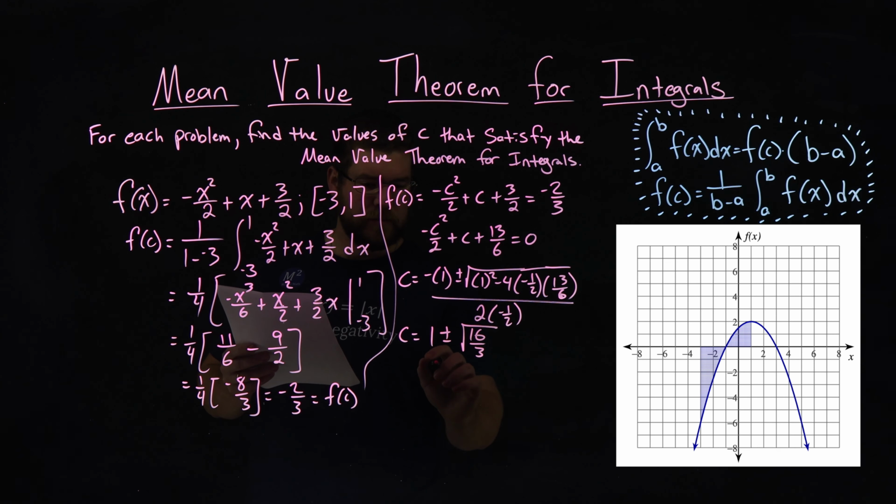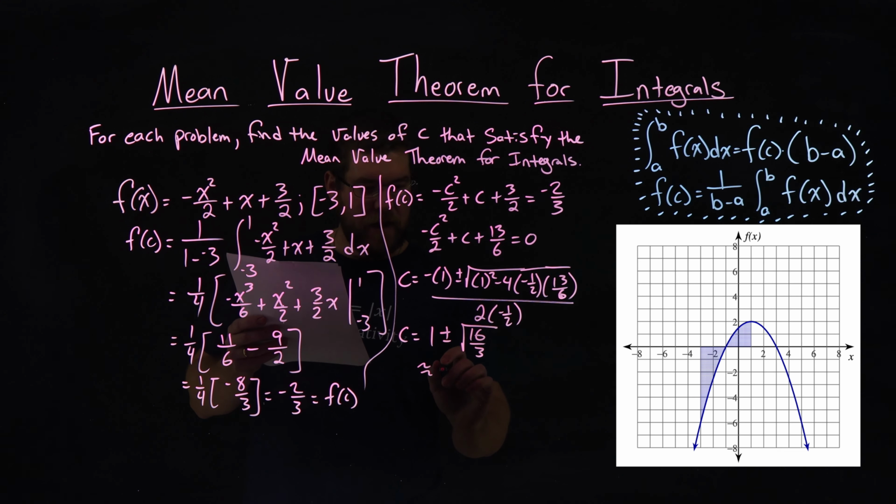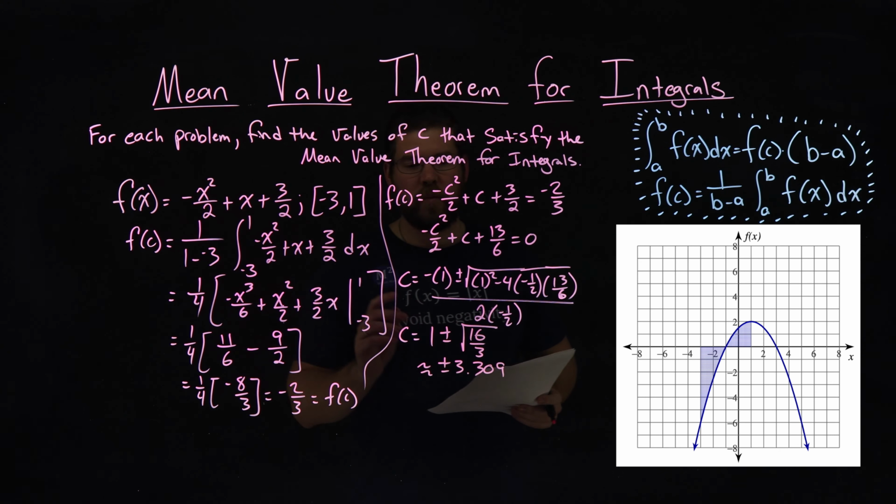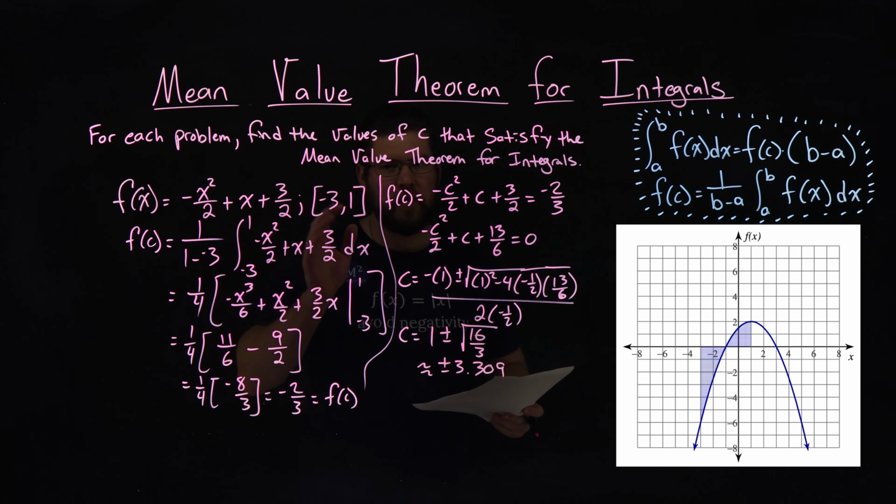Now, this as a decimal is approximately 1 plus or minus 3.309. Notice one of these values is outside of our interval.